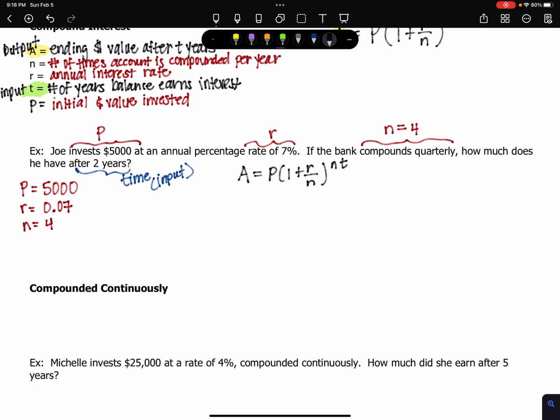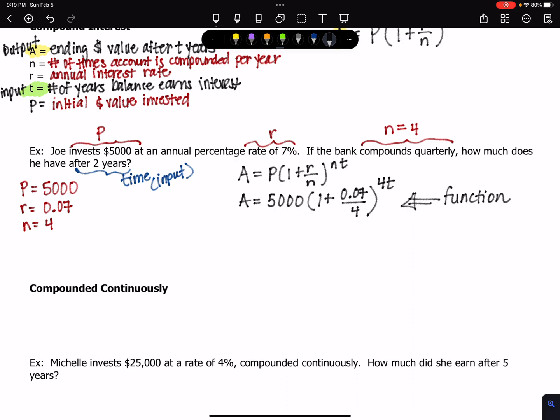The end amount is my output. The principal amount is a parameter. 1 plus the interest rate of 0.07 divided by 4 raised to the 4 times t power. So this right here is our function. It has an input and an output.